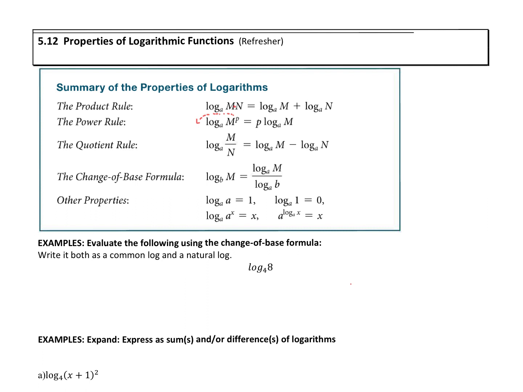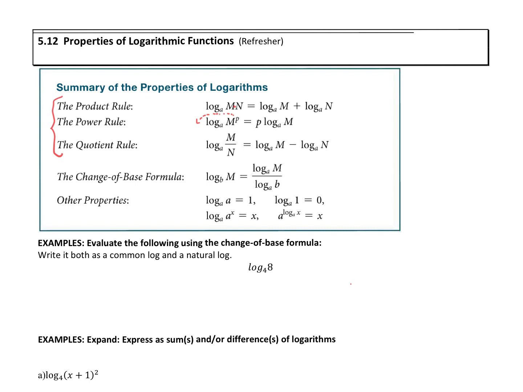These are the general ones that we use to expand, but we have a couple of other formulas. The change of base formula says you can change the base of any logarithm to any other base by taking log base a of the argument and dividing it by log base a of the base, where a is your new base.